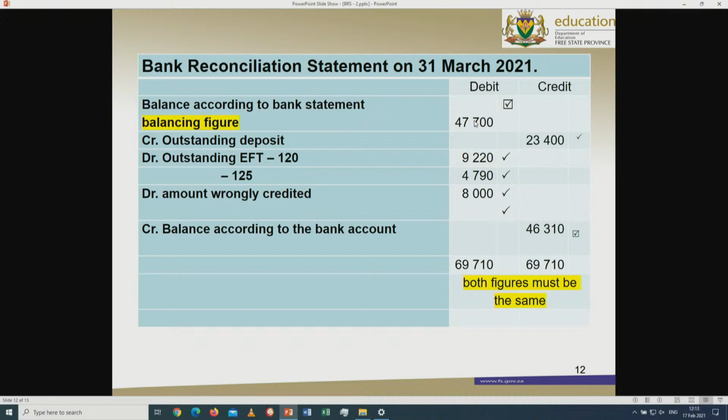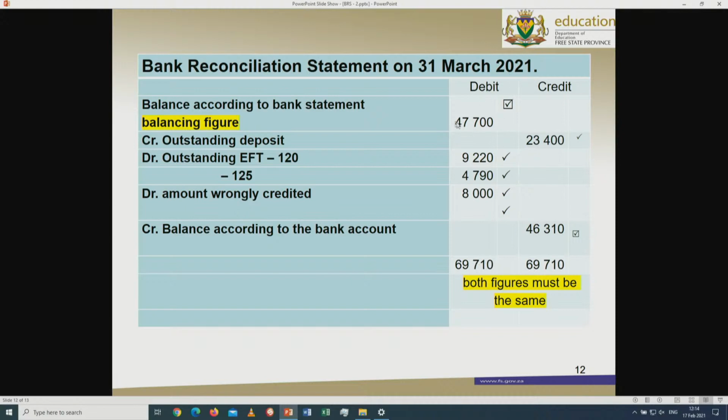Now, according to this, because we don't have a bank balance from the bank statement, we have 23,400 as outstanding deposit and 46,310. In this case, credit column is more than debit, because on debit we are having only these three figures. We'll say 23,400 plus 46,310. It will give us 69,710, and then it must be the same as the debit.